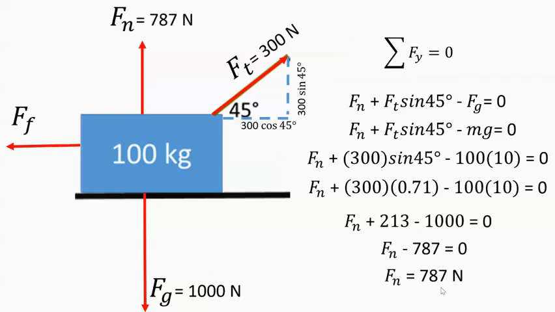So the normal force must be 787 newtons. You'll notice that by him pulling up on the string, the normal force no longer matches the force of gravity. If you just let the box sit there, the normal force would be 1,000, just like gravity. But because he's pulling up on the string, the floor doesn't have to do as much work.